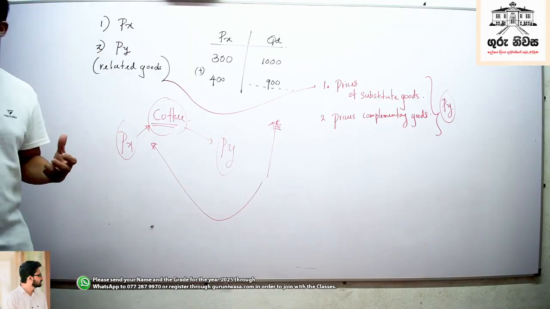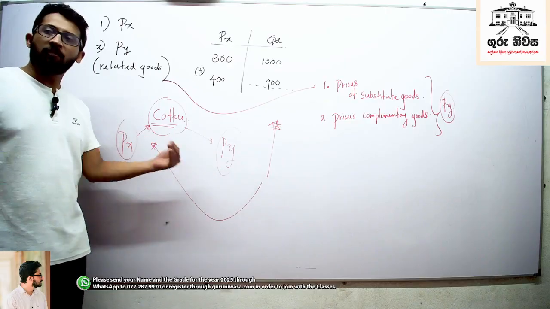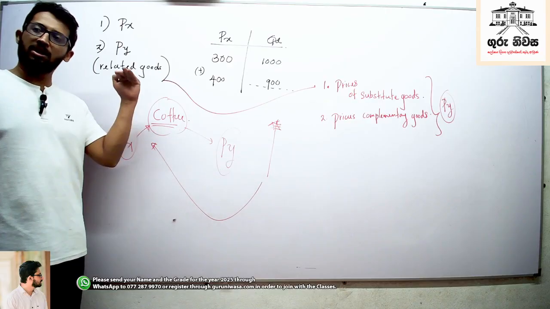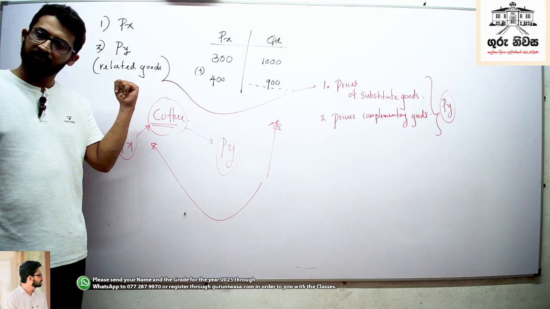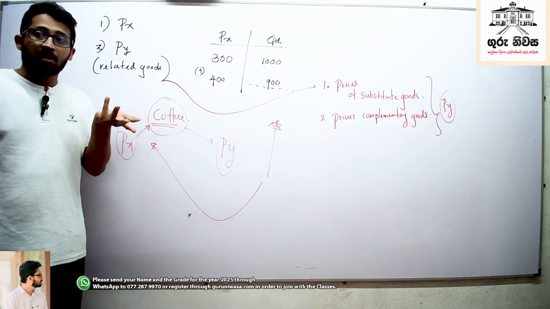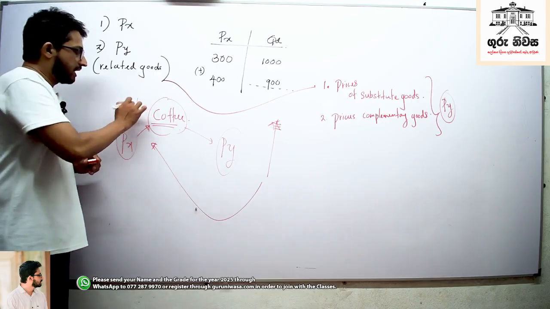I mean, they will be shifting to the coffee side. Then what happens to coffee demand? Demand for coffee increases. Now you can see coffee demand has increased.